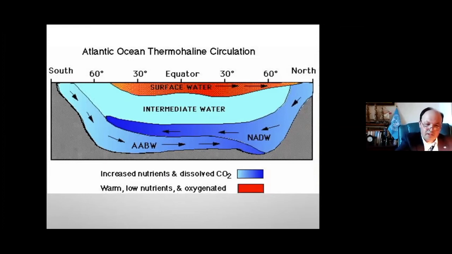towards the Antarctic. On the other hand, the Antarctic, the Southern Ocean, which is also cold, salty, and dense water, also sends flows of colder and denser waters northwards beneath the North Atlantic deep water.